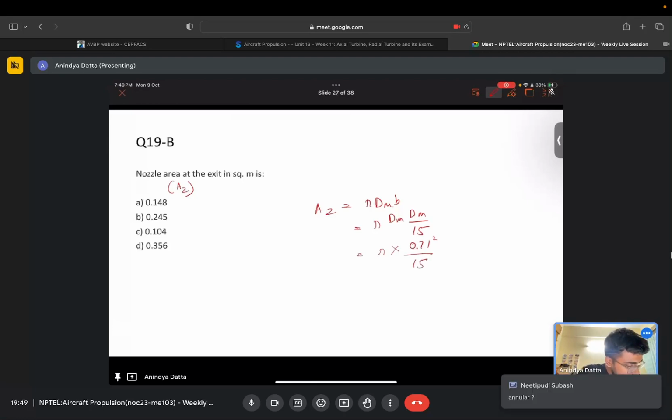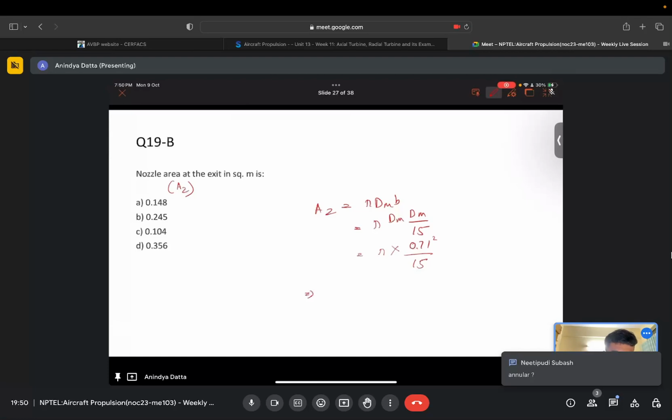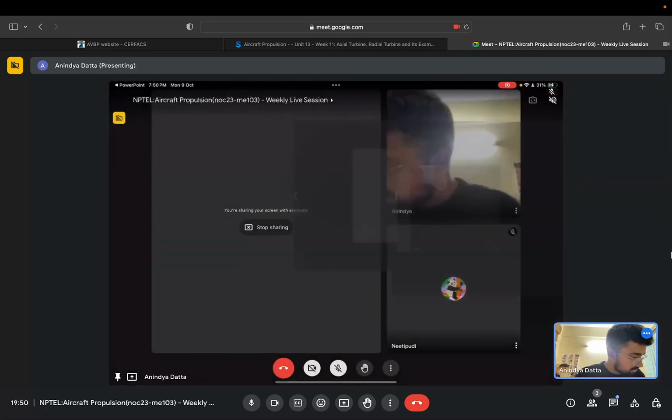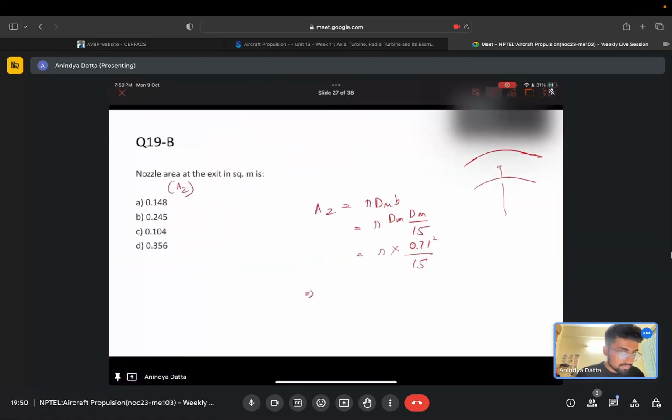Annular is this thing, that's what I said. You can do this in two ways. So this is your annulus. This is your dm, this is the center, so this is your dm by 2, and this is your b.